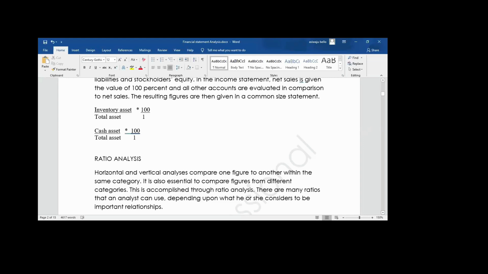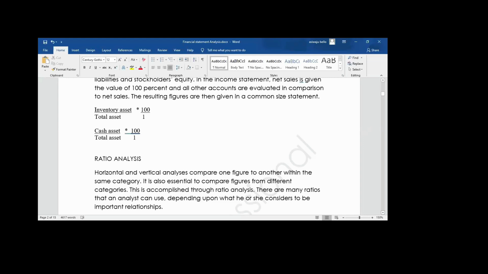If you look at horizontal analysis and vertical analysis, we compare figures within the same category.